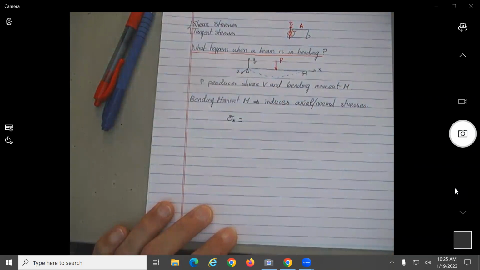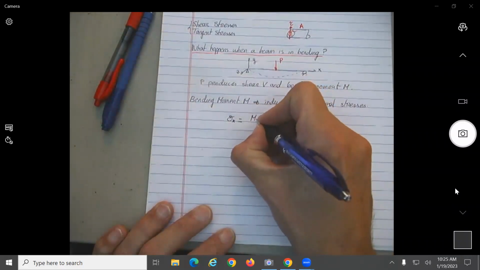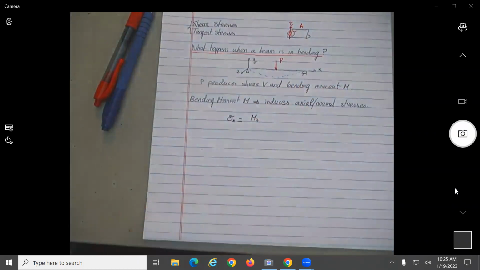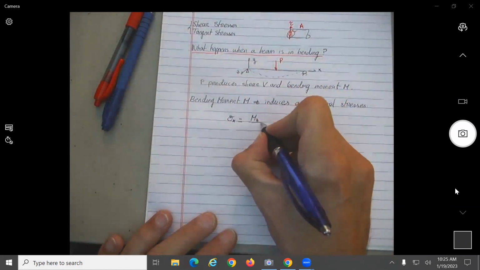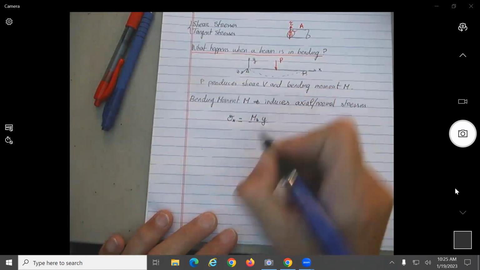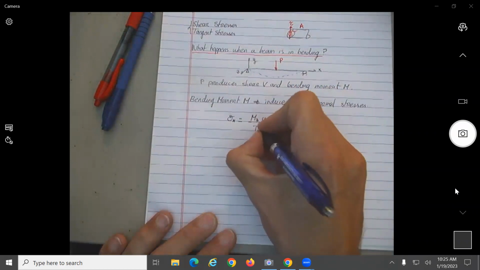Okay, now, the moment is about which axis? So maybe you remember this equation, but if you want to put in more detail, Mz, then what is that equation? Did anyone remember? It is M, in this case, y over I.